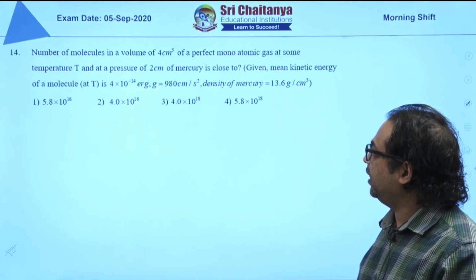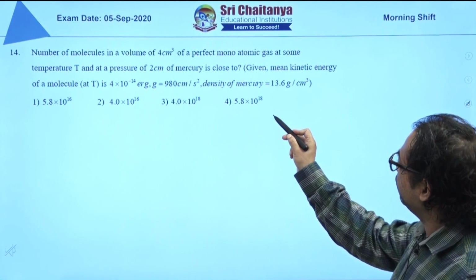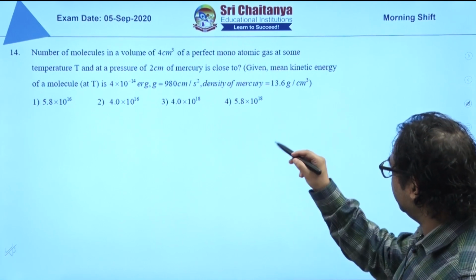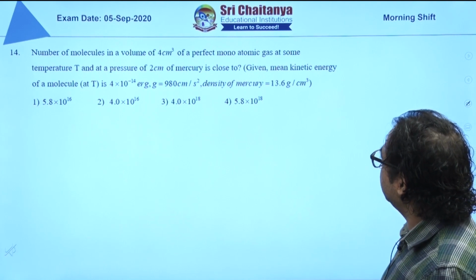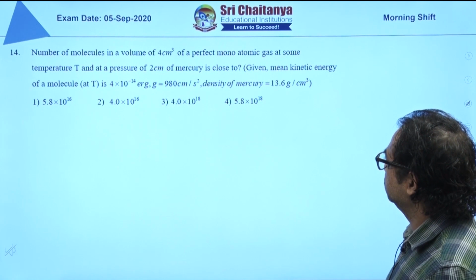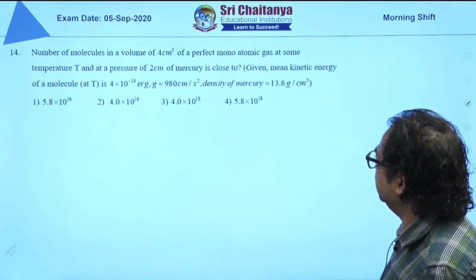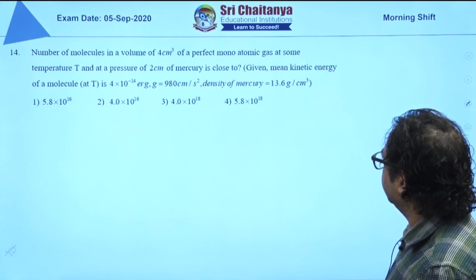Now let us start question number 14. The number of molecules in a volume of 4 centimeter cube of a perfect monoatomic gas at some temperature T and pressure 2 centimeter of mercury is close to how much?